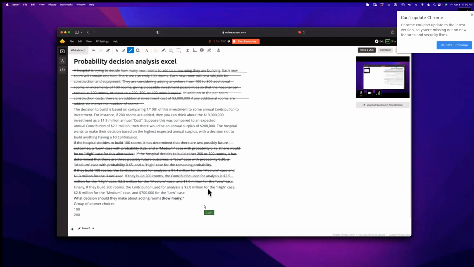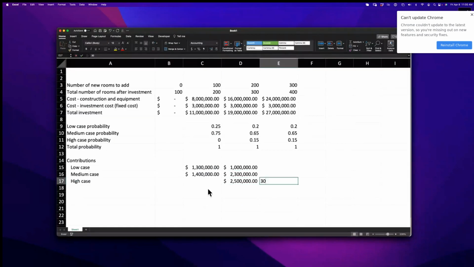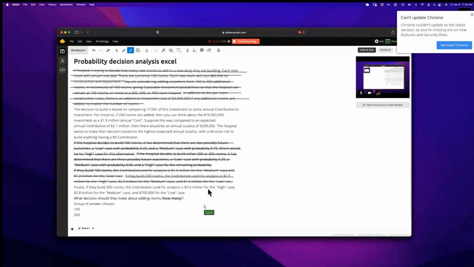Finally, if they build 300 rooms, it'll be 3 million, 2.8 million and 700,000.